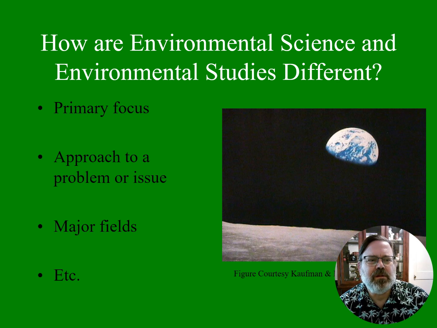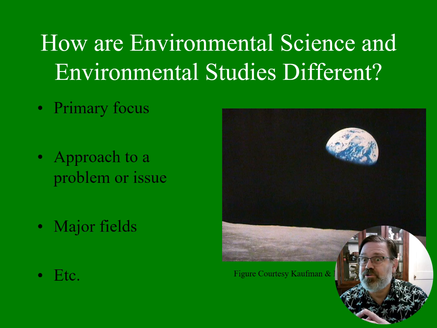All right, environmental science and environmental studies sound the same, but they're completely different. They're interrelated, but they are different. So environmental science differs in that the primary focus is on gaining new knowledge. It's a scientific approach. It seeks to understand it rather than trying to necessarily solve a problem.